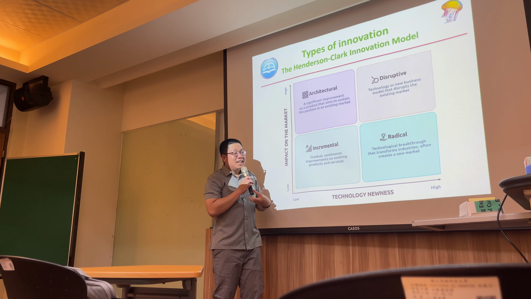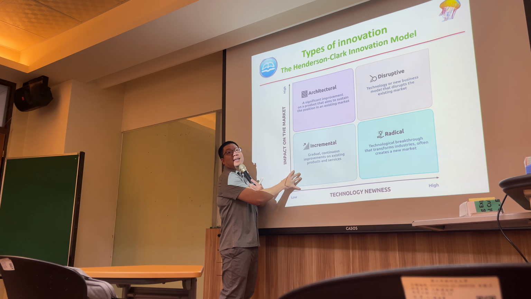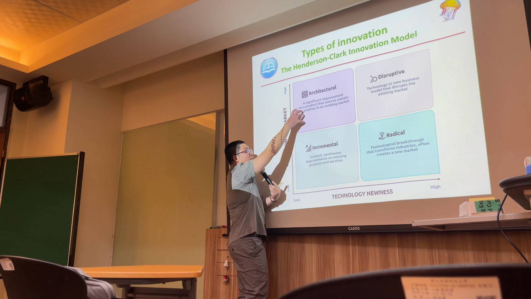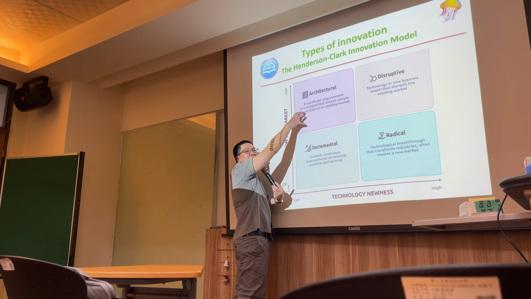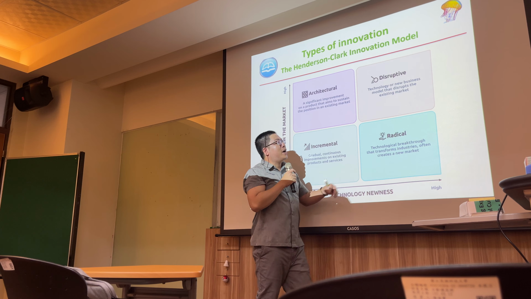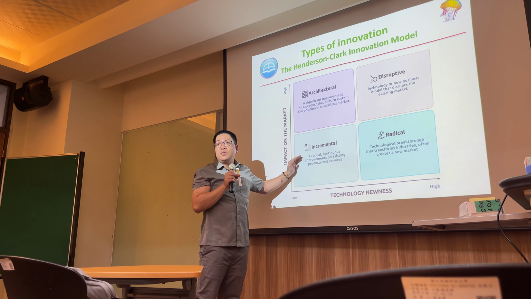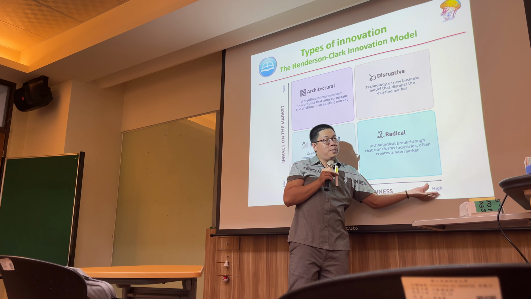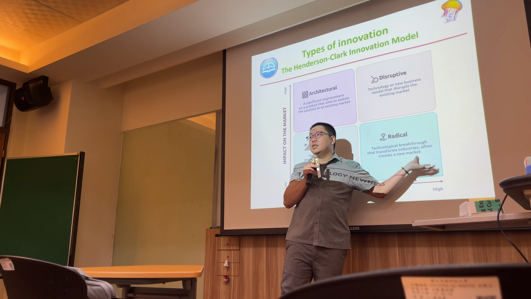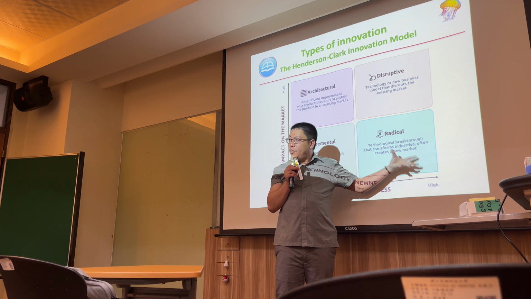Understand this? Low novelty and current market. But here, low technology novelty but serve the new market. For the radical, it may serve the current market or maybe a new market, but it should have a high level of technological novelty. It should be new technology, new products.